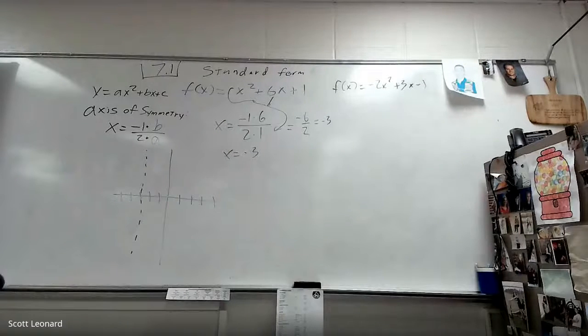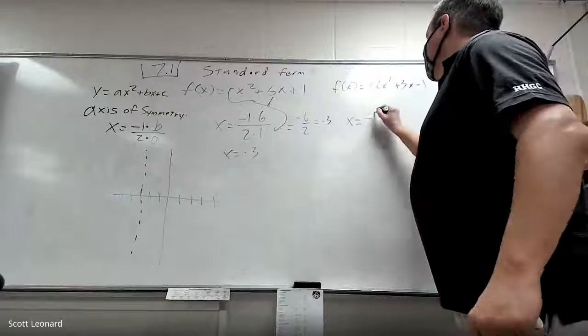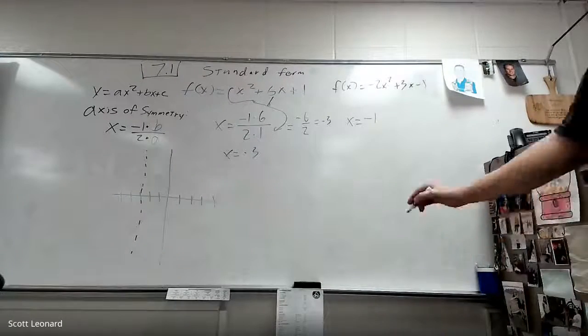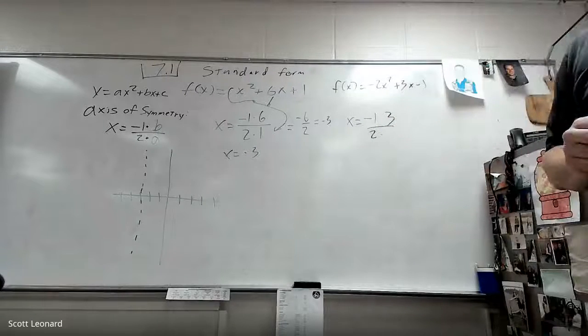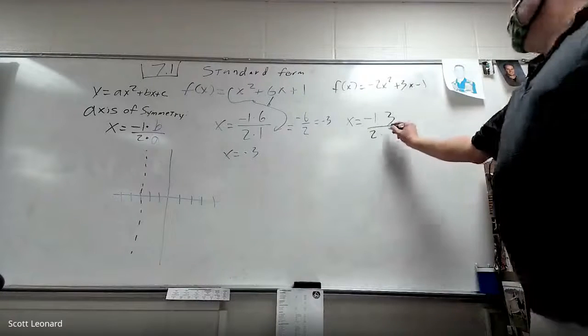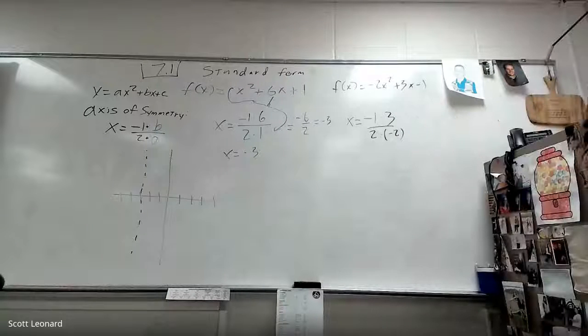All right, everybody got a number for that one? Okay. So this time, x equals -1 times what? 3 over 2 times -2. Got to be careful of that sign there. Does everybody understand where we got the 3 and the -2 from?